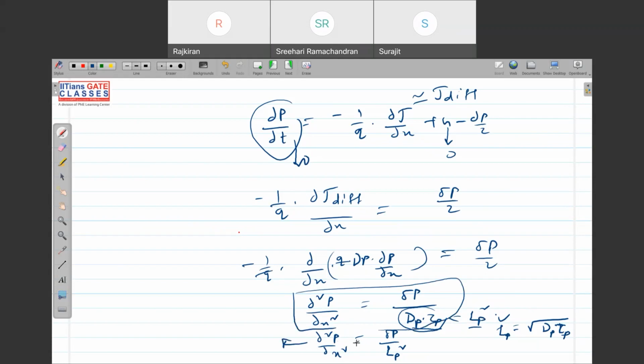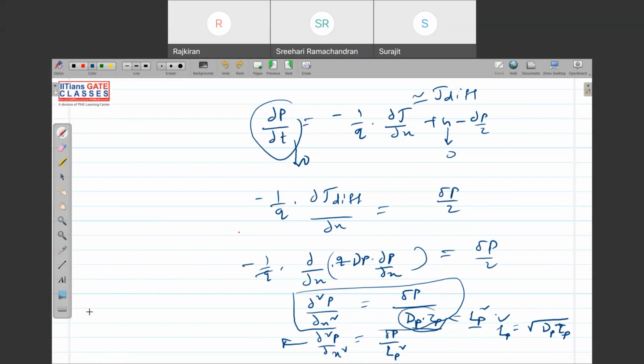Because if you solve this equation, it is a second order equation.